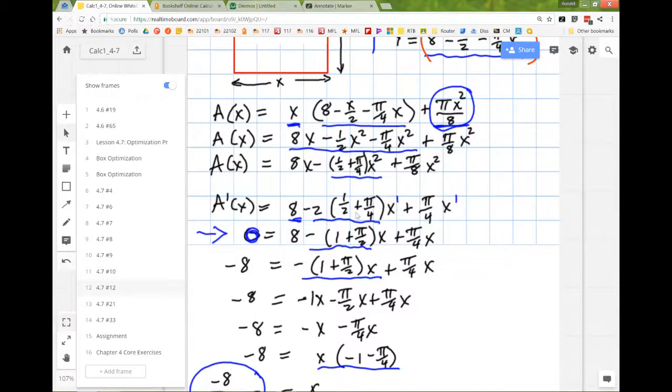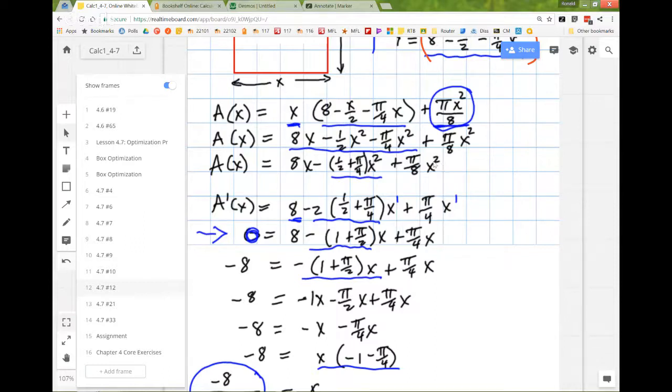So do you see now why I factored that out? Because when you take a derivative, it's nice to just have that x squared term right there. The derivative of 8x is 8. The derivative of this is power rule, 2 times that quantity, keep the coefficient, reduce the power by 1.